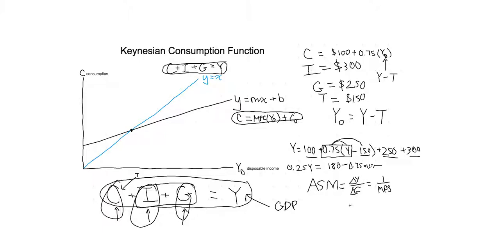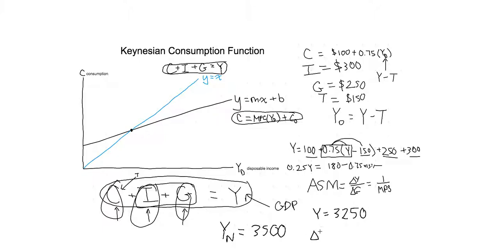Okay, and so let's say that the natural GDP is equal to $3,500 billion, and the current GDP is only $3,250 billion, right?